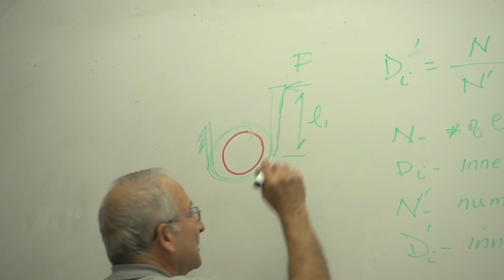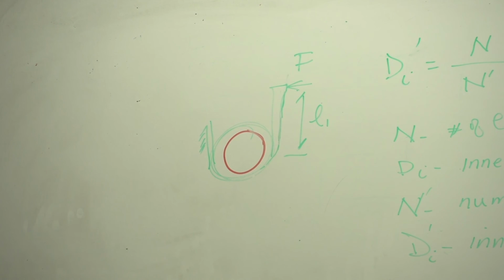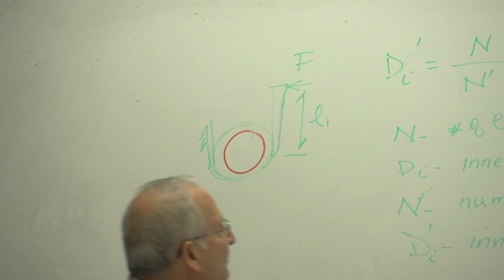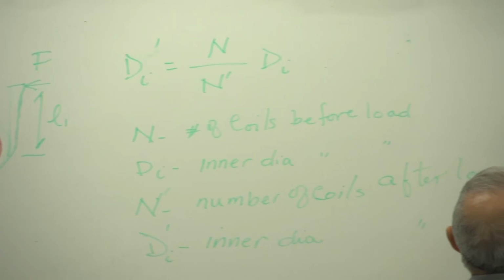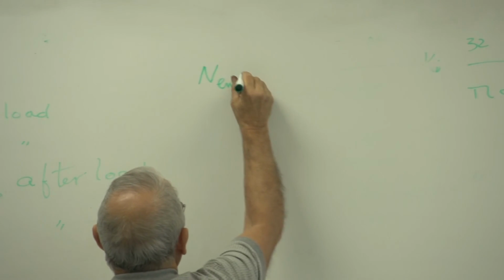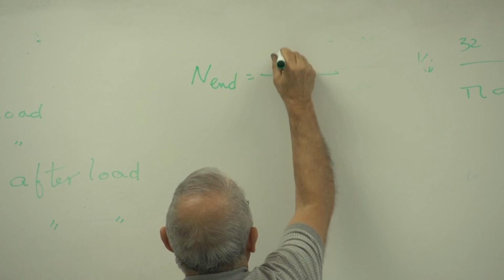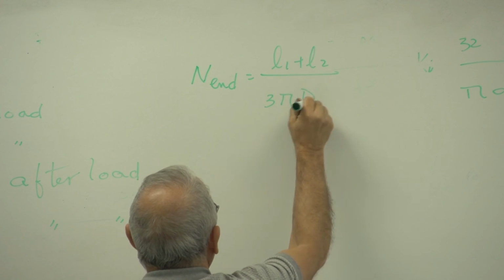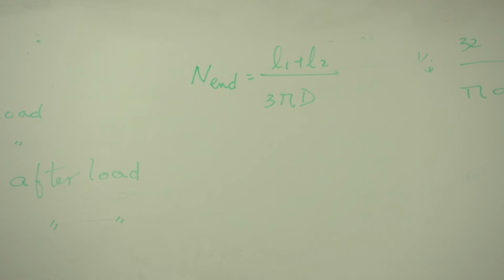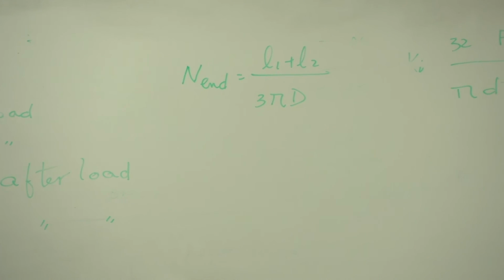What are we going to do with this? Or the one on the other side. We will convert them to an equivalent number of coils using this equation. N end equals L1 plus L2 divided by 3 pi d. This is L1 and this is L2, in case you have them on both sides.